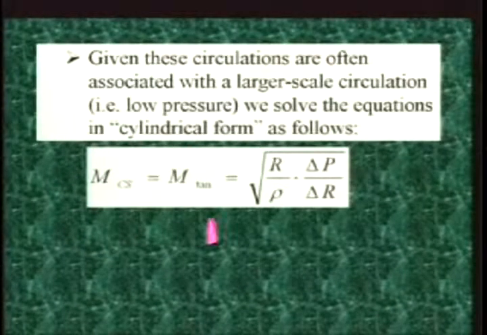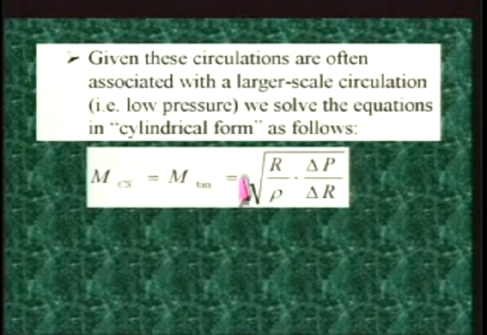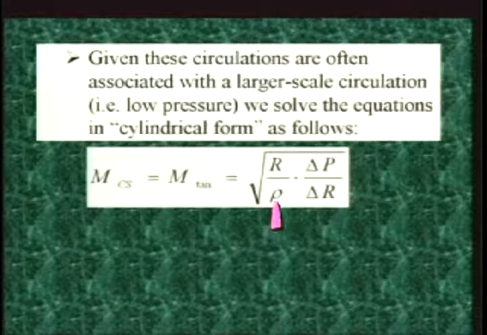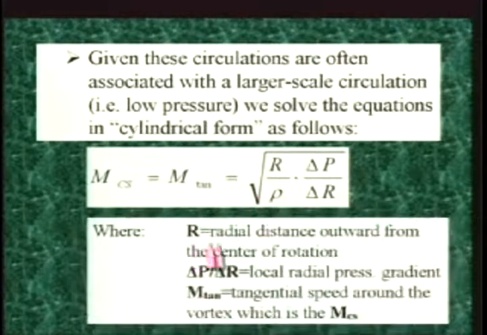Cyclostrophic wind is equivalent to our tangential wind, and this is a geometry form here. To solve this, we take into account R, rho or density, a change in pressure, and a change in R. So all our different variables: R is the radial distance outward from the center of rotation. Delta P over delta R is your local radial pressure gradient.